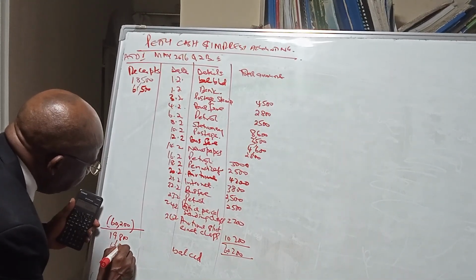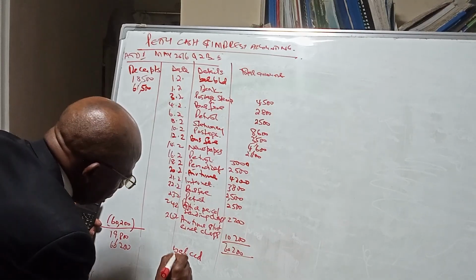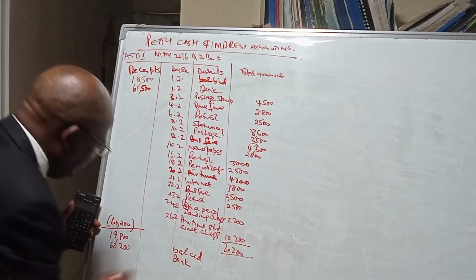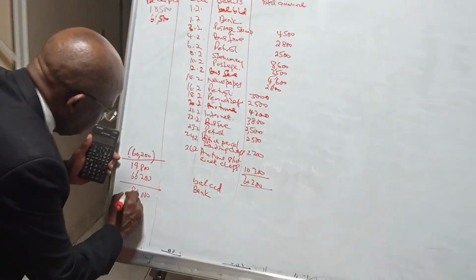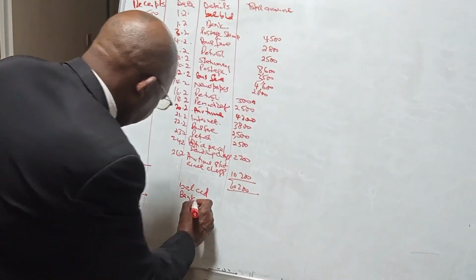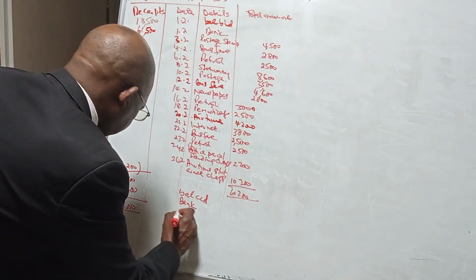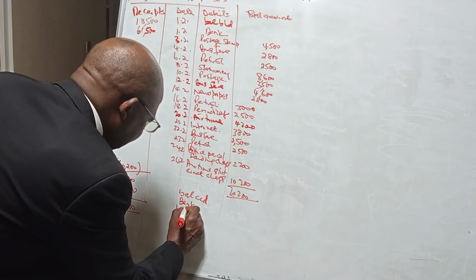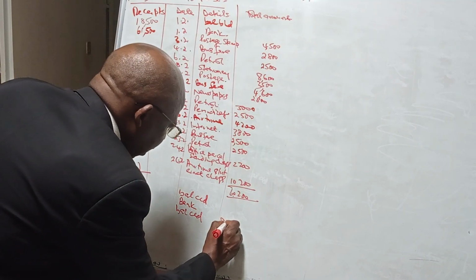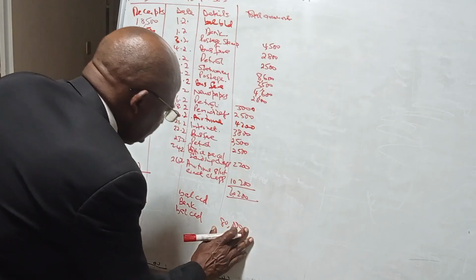So we need to be refunded through bank 60,200 so that we can have 80,000 balance, and therefore the balance carried down is 80,000.